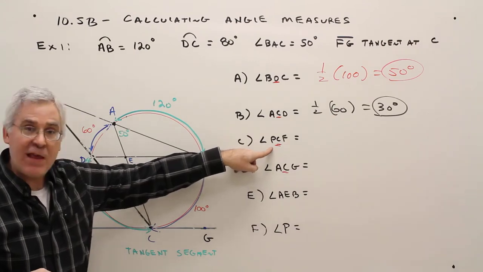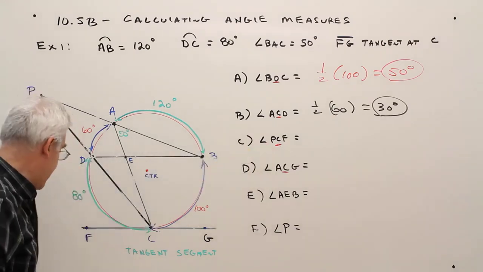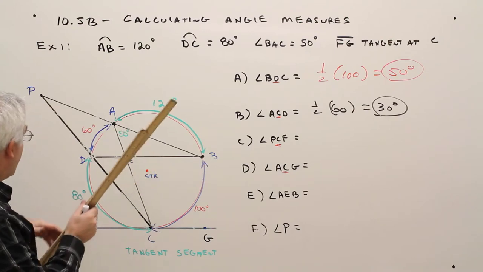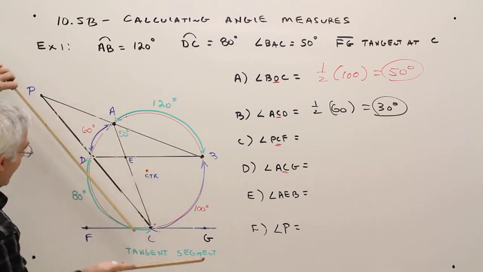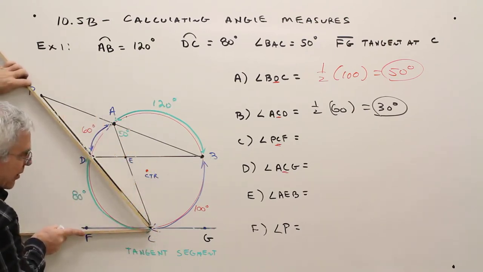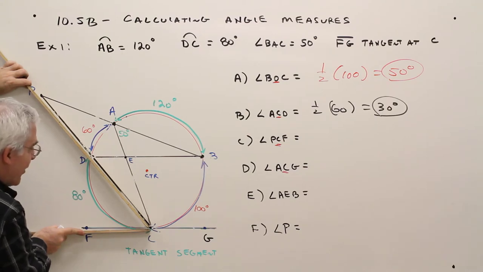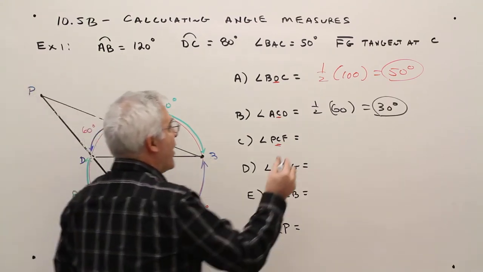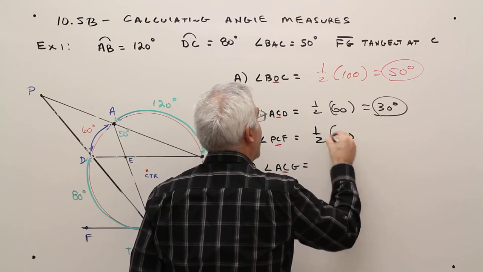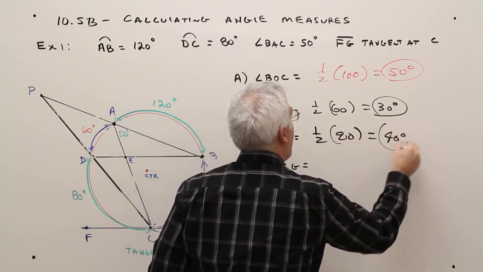Again, angle PCF, C is on the circle. So let's isolate PCF. PCF will be this angle. I can clearly see the intercepted arc is 80, so it'll be 1/2 of 80 equals 40 degrees.